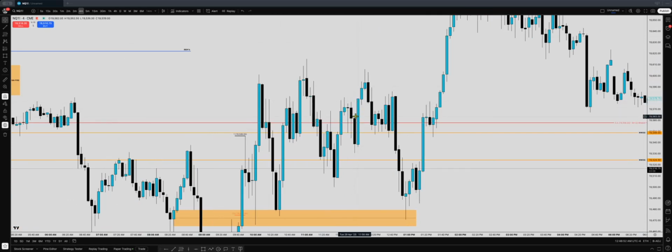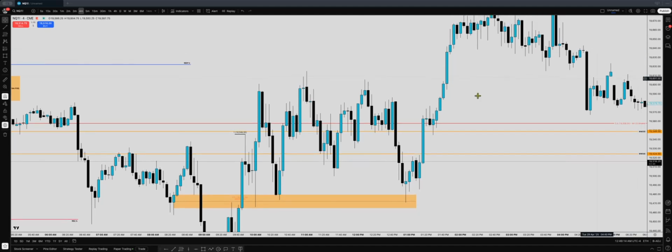We closed above. We have a fair value gap behind. Price goes back into it. It starts gyrating a little bit, and you can see, I mean, these are 4-minute candles. So 4, 8, 12, 16, 20 minutes, almost 30 minutes, and it's still sitting here. It should have only 1, maybe 2 candles and then push away.